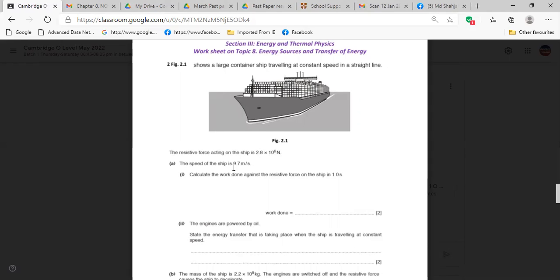If we multiply 9.7 with the given resistive force, then we'll get the work done in 1 second. So you multiply the force into distance moved in 1 second.